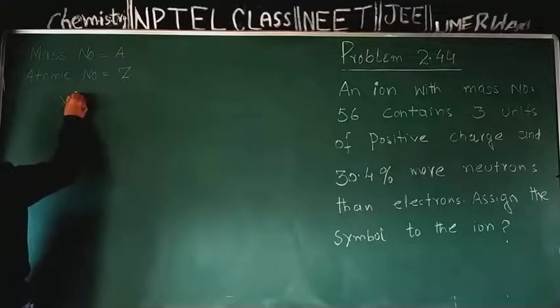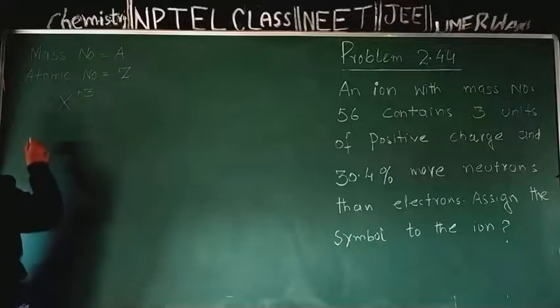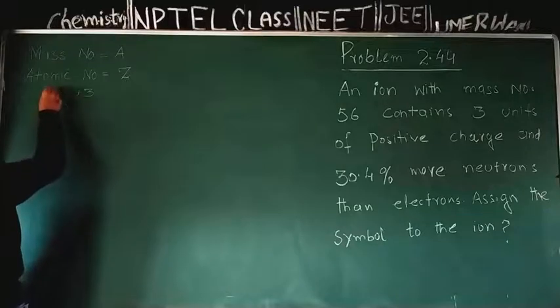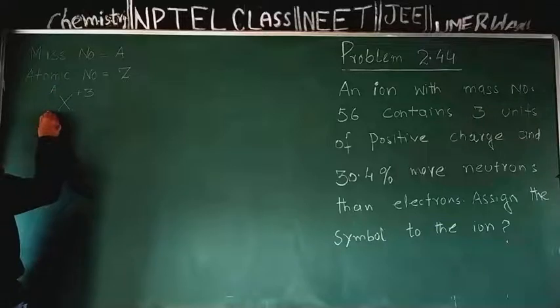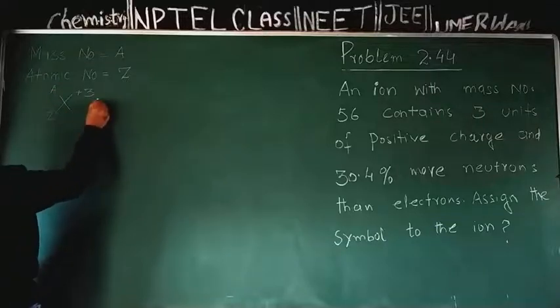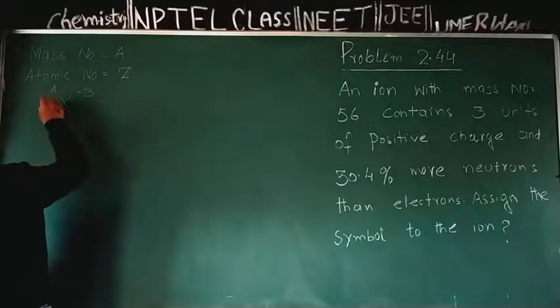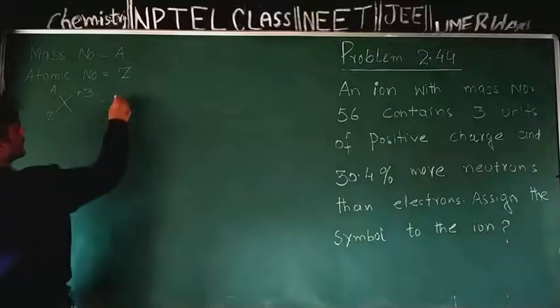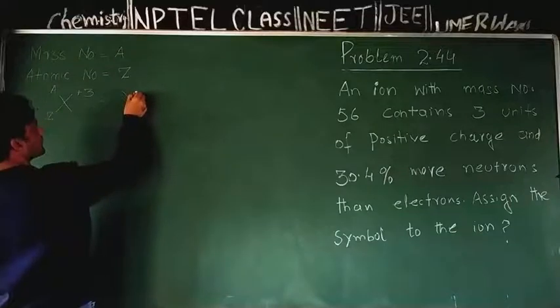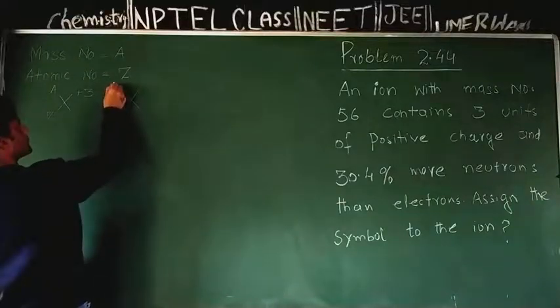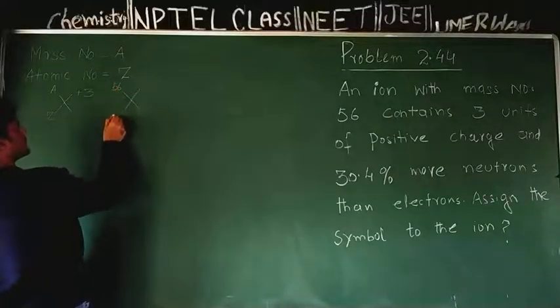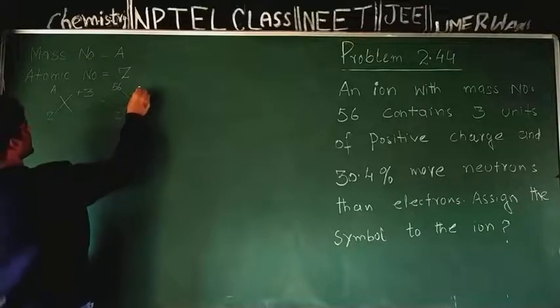It is given that charge on this ion is +3. It is tripositive cation, and its A value I will write on left side, and its Z value I will write on left side. Now here charge is given +3, A is also given 56. So I may write it like this: X 56, Z, and charge is +3.